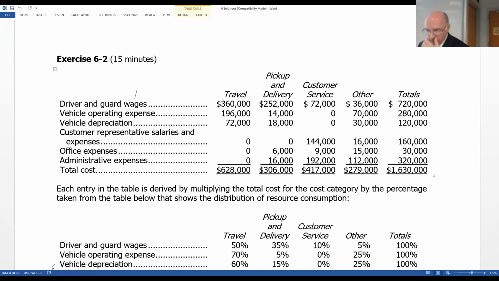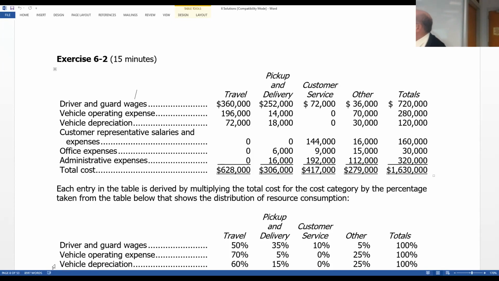Okay, so what do we do? We're going to multiply the dollars by the percentages, right? In the case of the driver and guard wages, the total is $720,000. So where does the $360,000 come from under the travel there? Yeah, it's 50% of $720,000, right? Total cost $720,000.